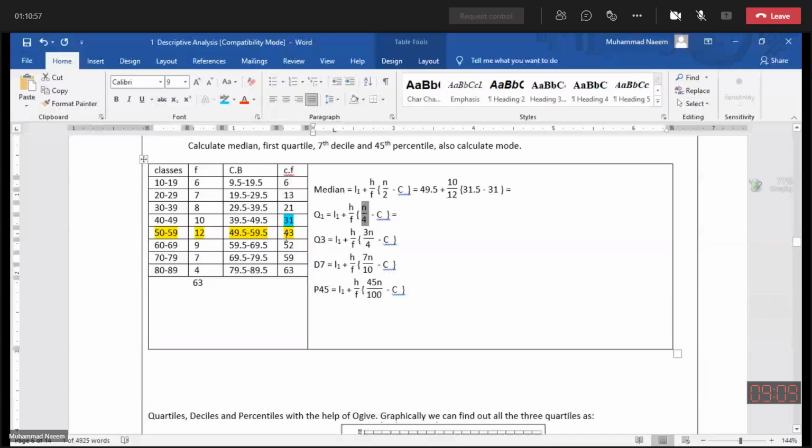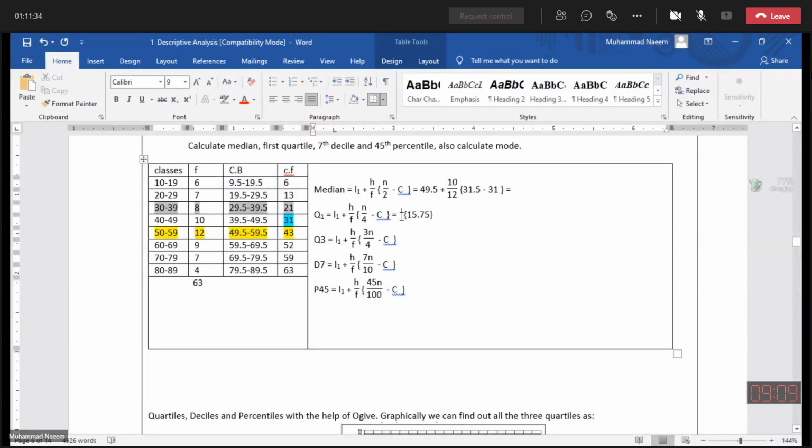Now again look at this cumulative frequency column where 15.75 values are cumulated. 15.75 values means 16 values. So this is the class for first quartile.